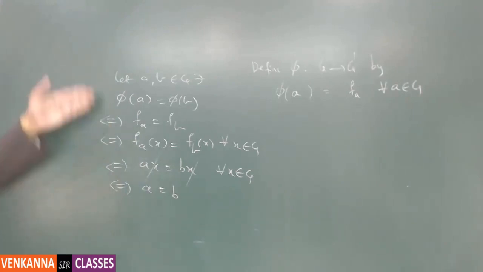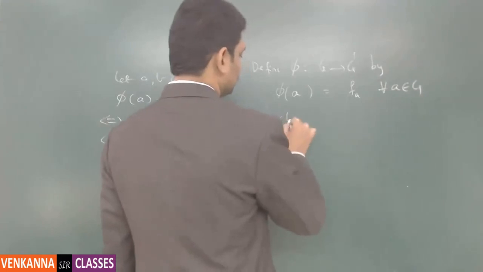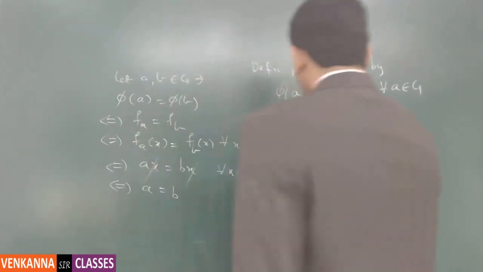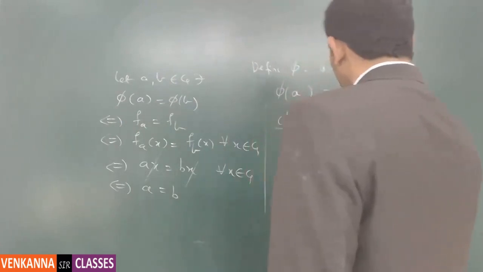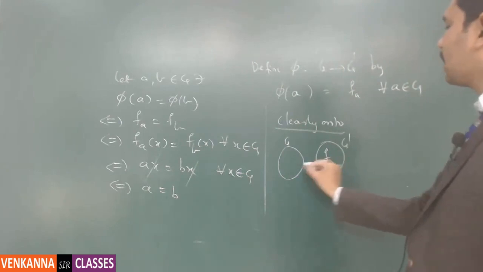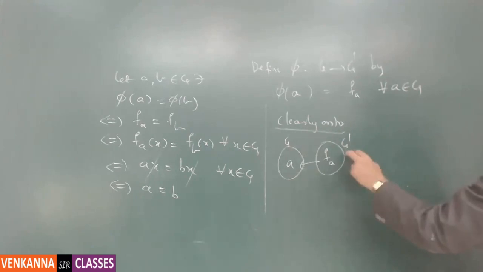Therefore, phi is 1-1 and well defined, and clearly it is onto, because if you take any permutation FA here, automatically A is the pre-image, because you have constructed G dash in such a way.